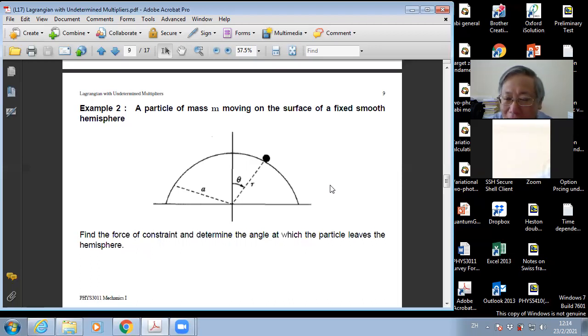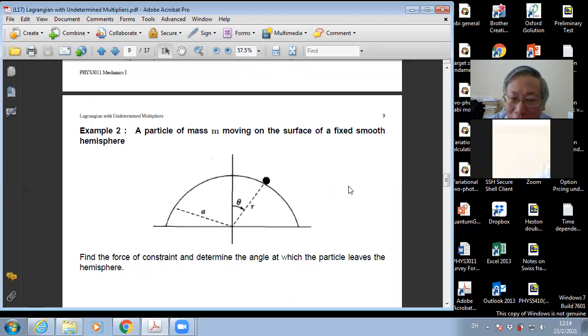Okay, let me ask someone to do it. How about Kenneth Wong? Can you try it? Newtonian mechanics.